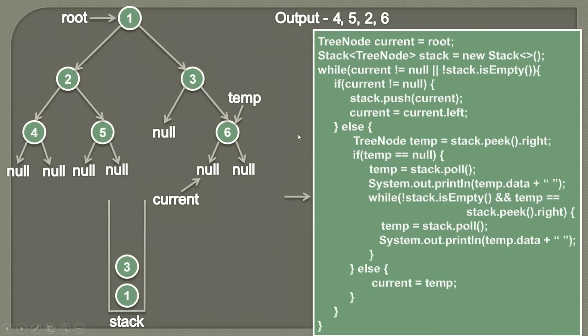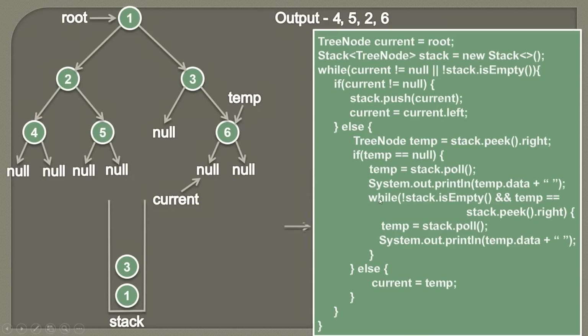We can access 3 by stack's peek, and if we call dot right, then we'll reach here only. So if temp is equal to this value only, then we know that we are actually on the right side of temp's parent, which signifies that we have already visited the left part, we have completely visited the right part, and now we can simply visit the parent.